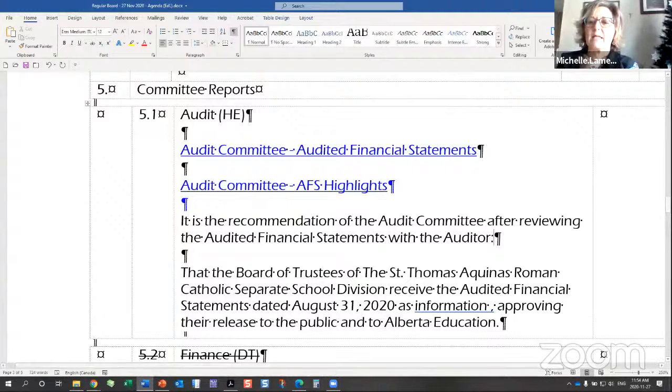Okay, so Henry has made that motion. All those in favor? Okay, sorry, Trustee Svidich. Okay, yeah, thank you. I don't have my screen full here. Okay, and that is carried unanimously. Thank you very much.